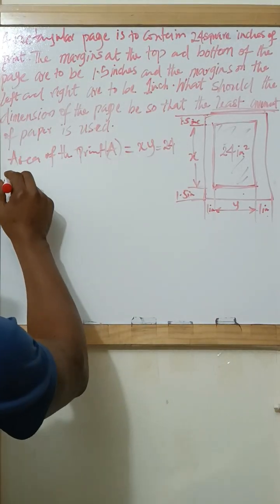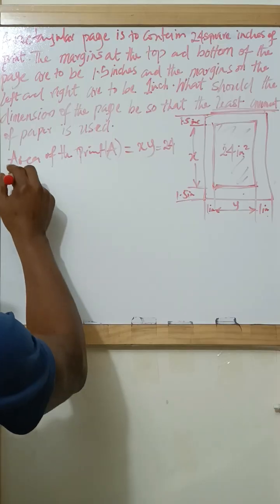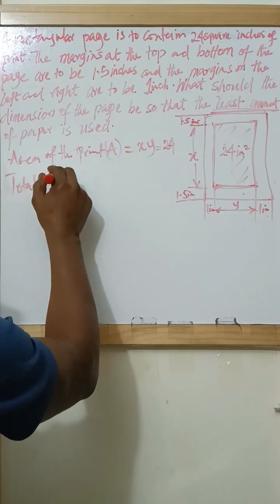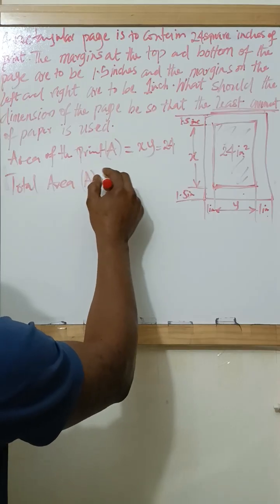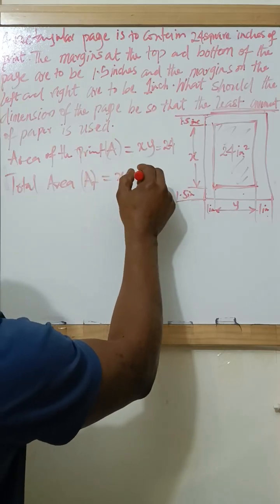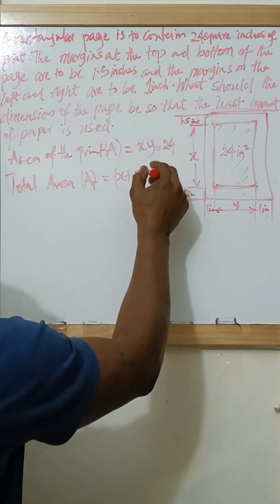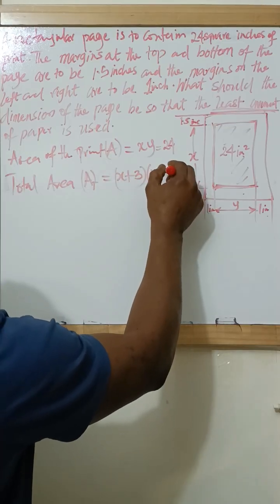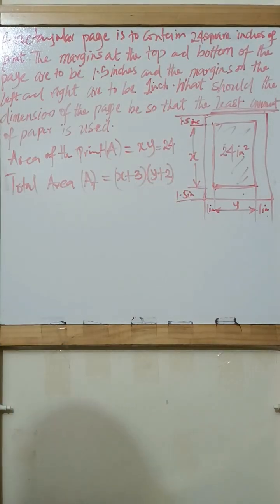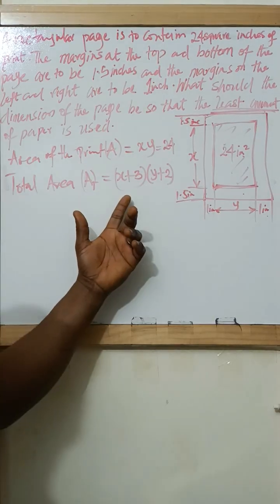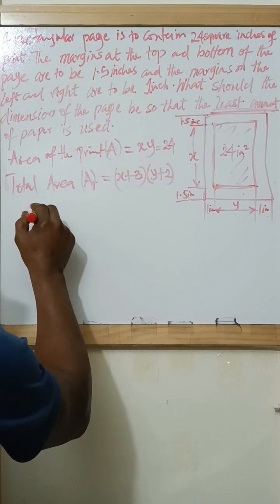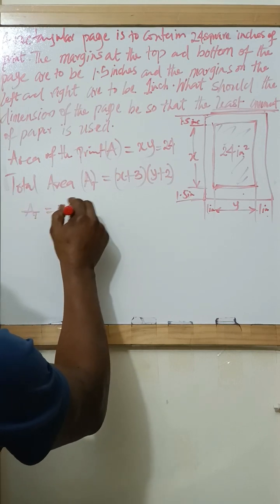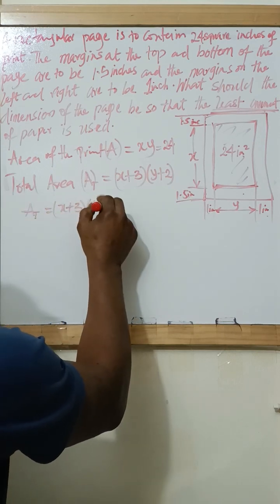So the total area will be x plus 3 times y plus 2. This is the major thing we want to do here. So this total area, A total, is x plus 3 times y plus 2.